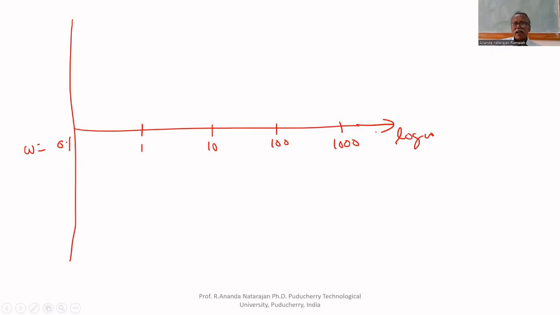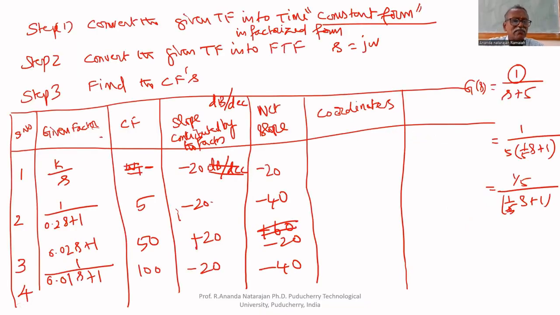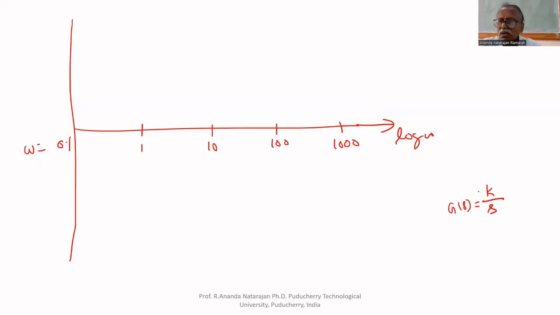Now we have to find the coordinate at omega equal to 0.1 for the first case, because we started there. What is that factor? K by S. What is G of S equal to K by S? Am I correct or not? Let us assume that K equal to 20, because everything we took is a number, so let us take 20 by S. What is G of j omega?